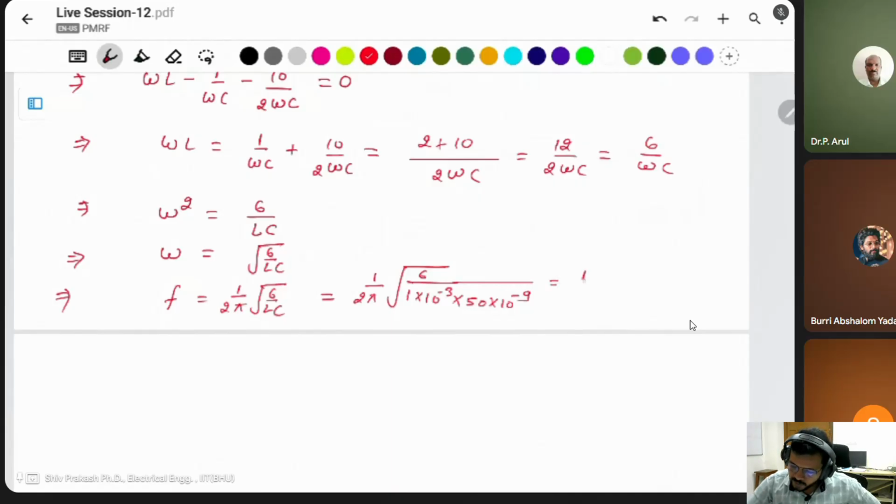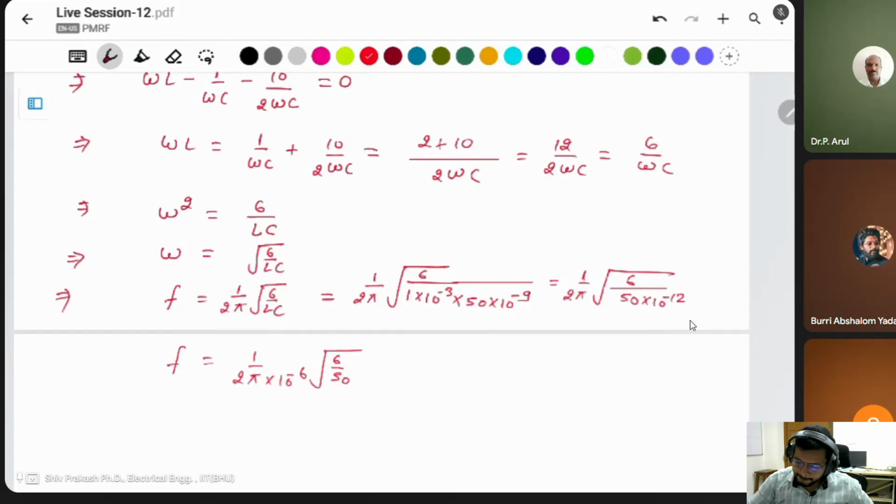It means 1 by 2 pi root of 6 divided by 50 into 10 to the power of minus 12. Half of this exponent comes outside, 10 to the power of minus 6. This will be 6 by 50.